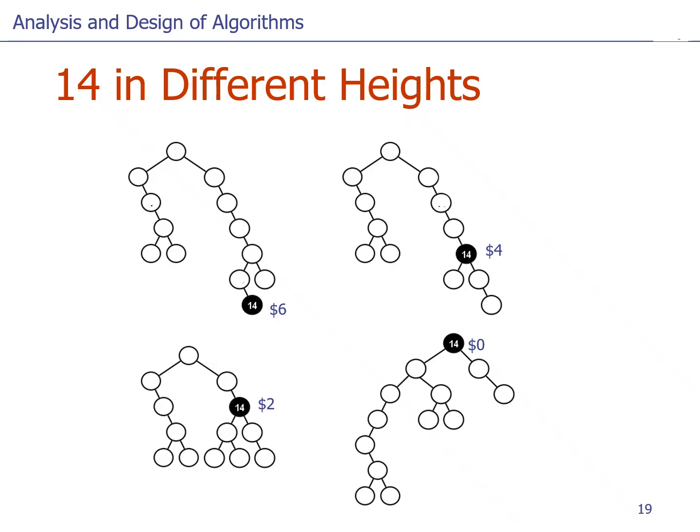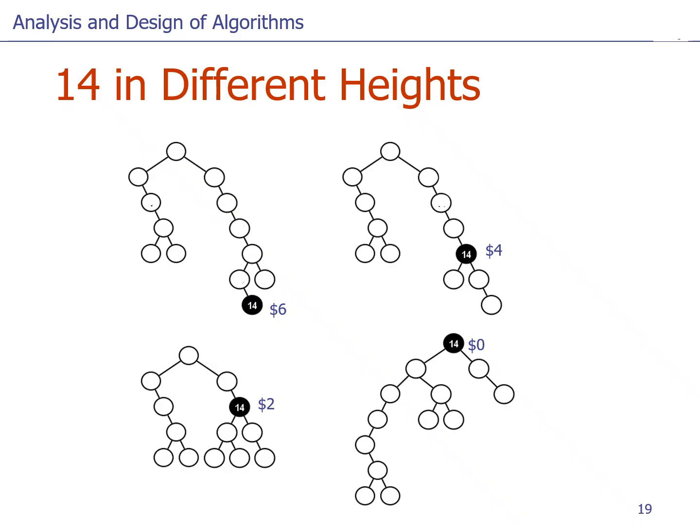If you look at the other extreme, which is the splay tree to the top left, where the 14 is at the bottom of the splay tree, I will climb up 6 levels to bring it up to the root. So if I'm paying $1 per level, I will have to pay $6. And the other two splay trees have the 14 in different locations, and again the cost is associated with the number of levels.